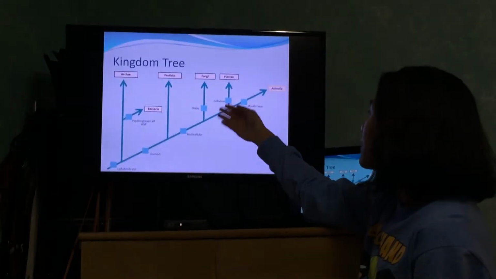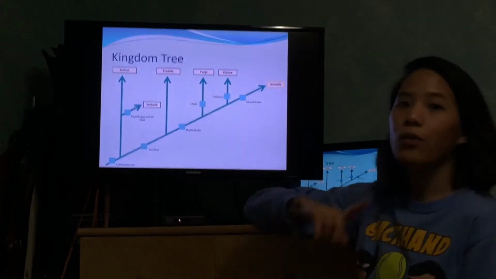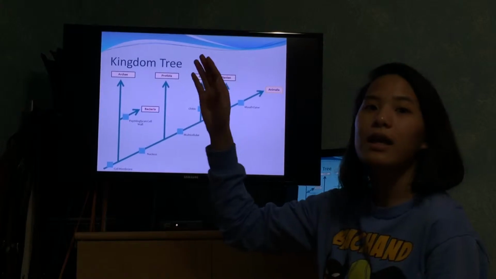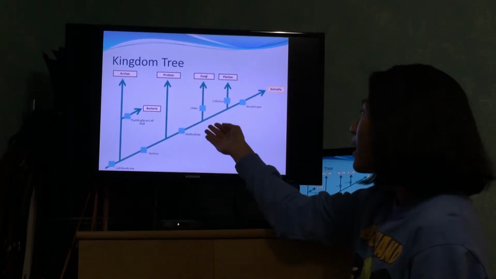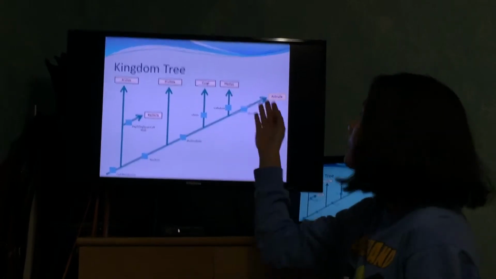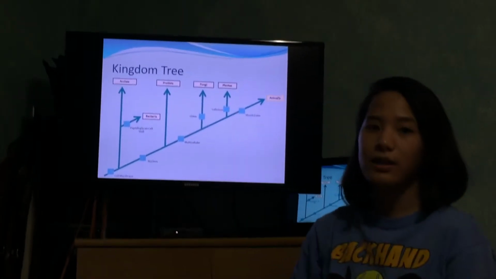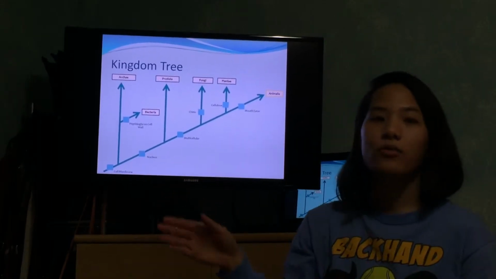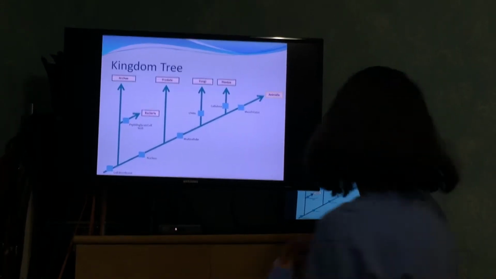And same thing with the fungi and the plantae. However, what differentiates the Animalia, the plantae, and the fungi is that the fungi has chitin in their cell wall, the plantae has cellulose in their cell wall, and the Animalias, they eat or consume through their mouths.